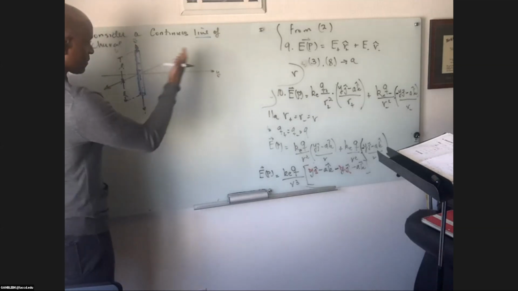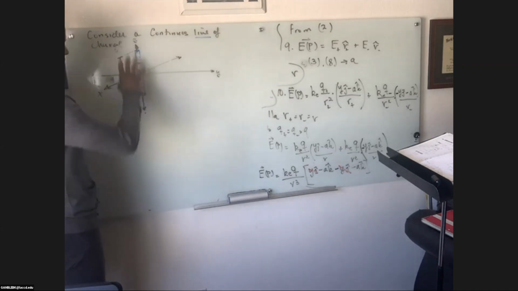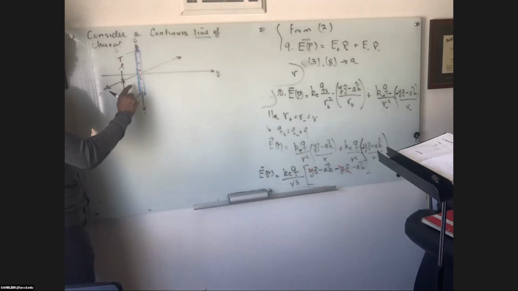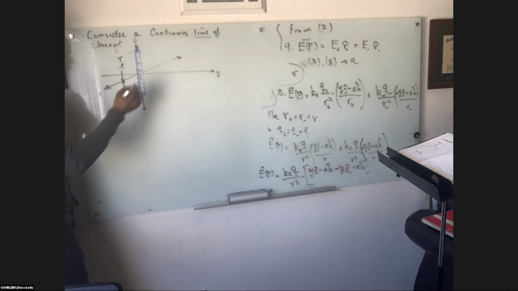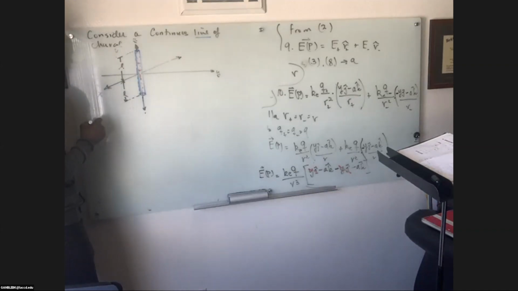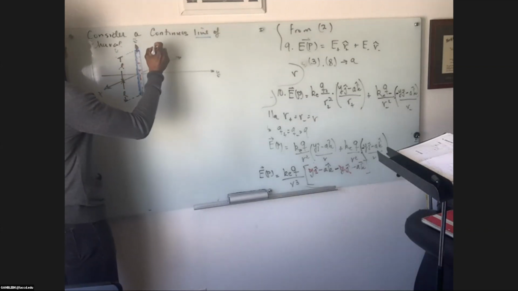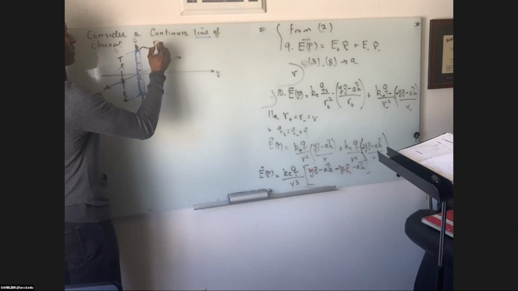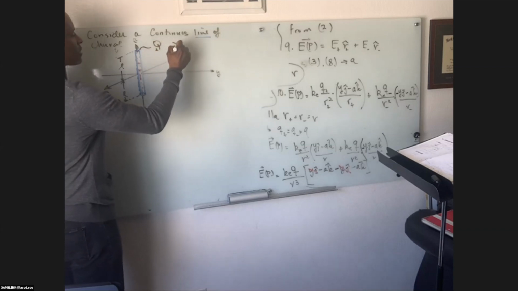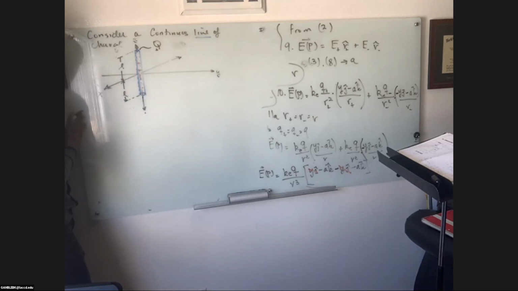In this case, since I'm dealing with a line of charge, the total length is 2L, but whatever total charge Q is on this thing can be defined in terms of its charge density. So if this has total charge plus Q, then lambda is the linear charge density.